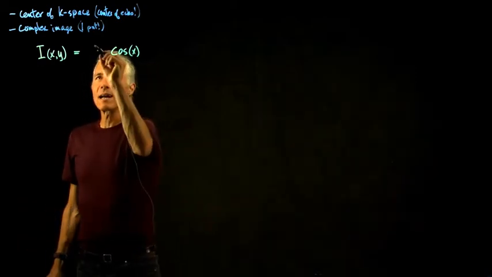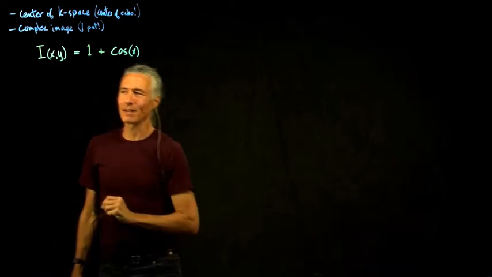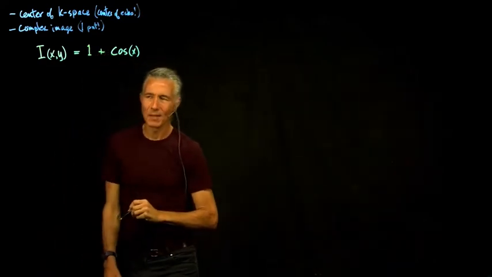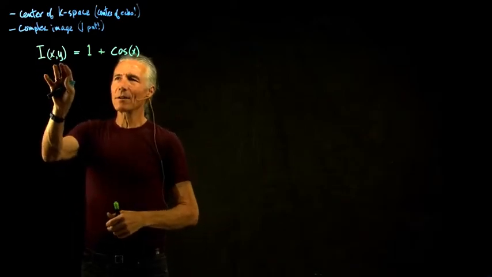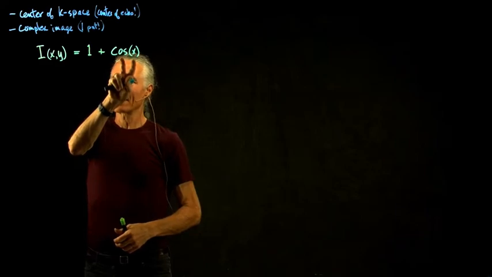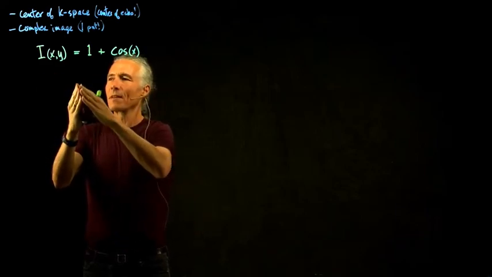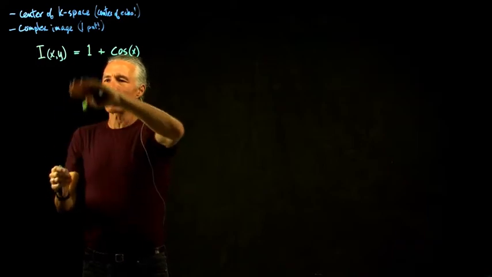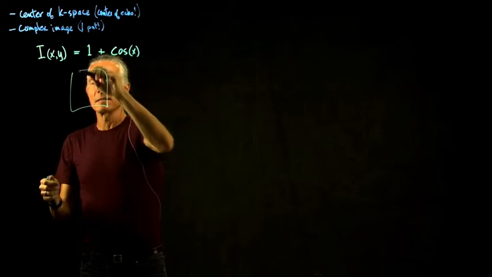So what we're going to do now is a very simple thing, just add 1 to the cosine. Simplest thing we could do, and see what that does. If you go back to the lecture on image at xy equals cosine of x only, you got something that had a dark stripe in the middle, and it looks something like this.